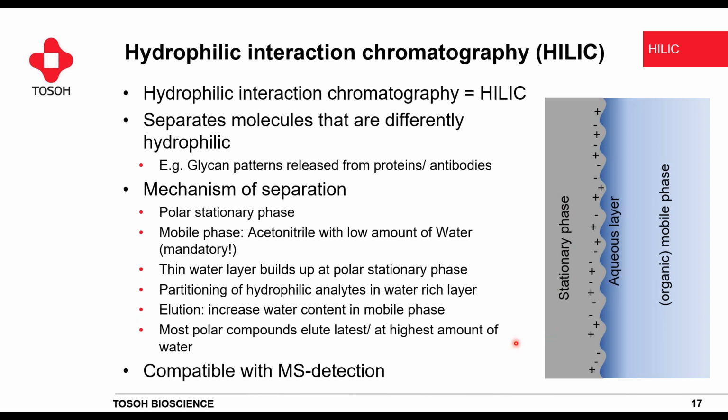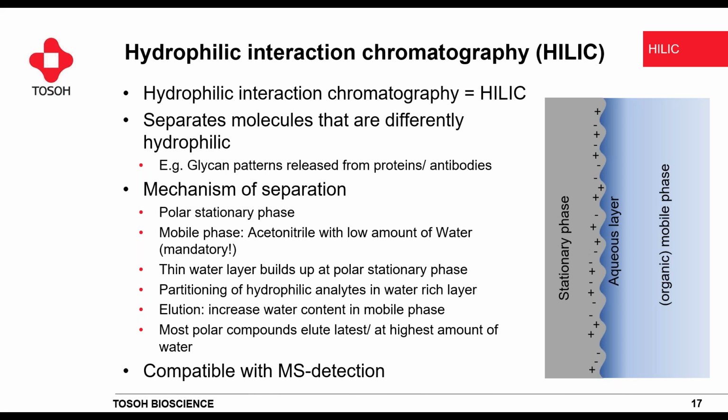This is really mandatory. And due to this, a thin water layer is formed at the stationary phase. Your hydrophilic analytes will then separate within this water-rich layer, and then they can be eluted if you're increasing the amount of water within the mobile phase. So the most polar compounds will elute the latest, with the highest amount of water.